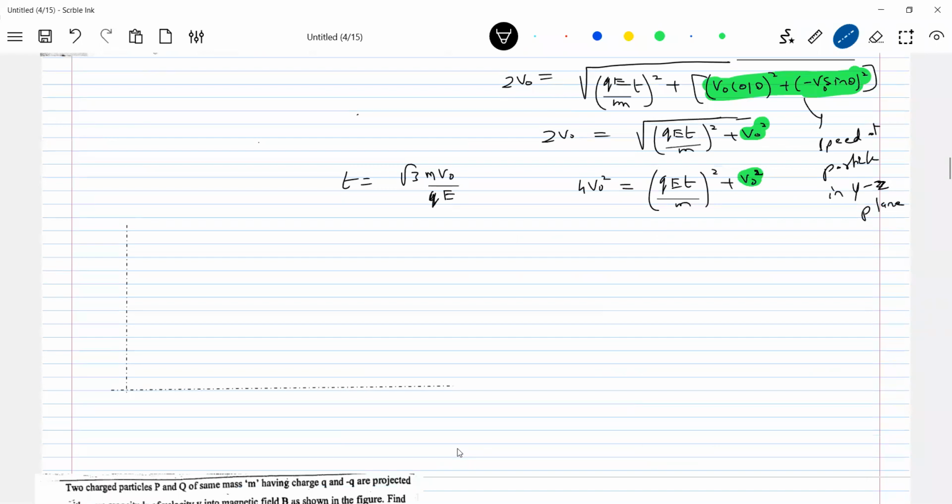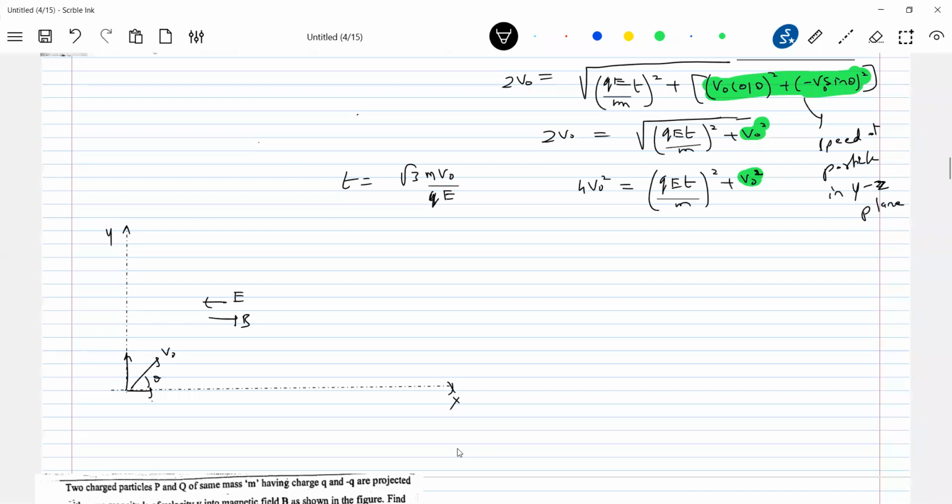Now the particle is projected with V naught, same thing, at an angle theta, where the E bar vector will be like this and the B bar vector in this direction. Now, what conditions will arise here?